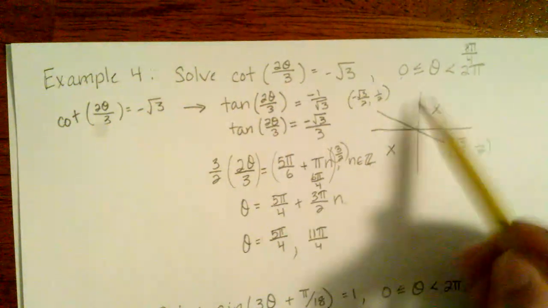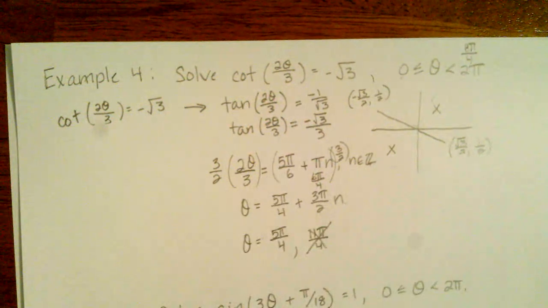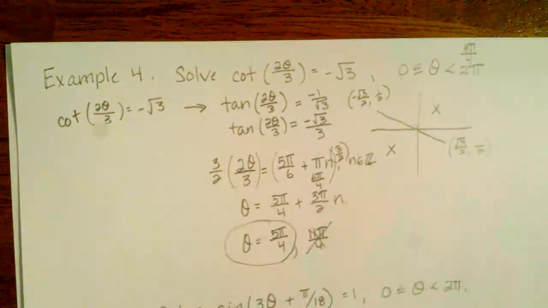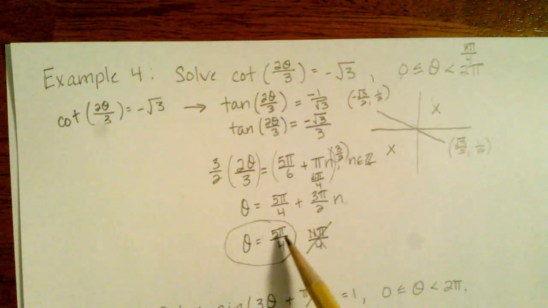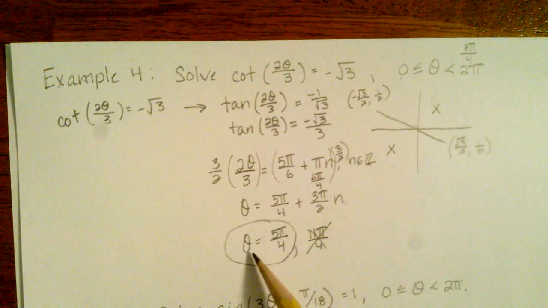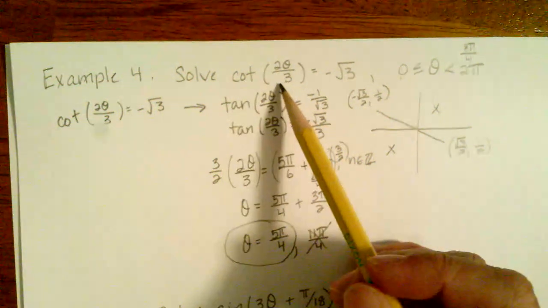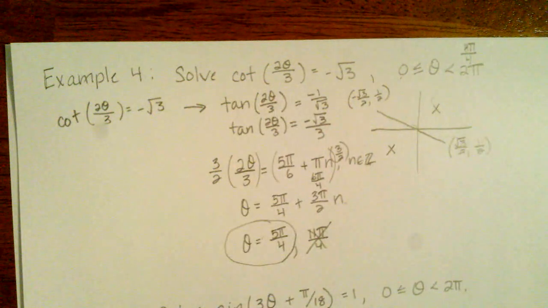Okay, but 11 pi over 4 is outside of my range. So my only answer is going to be 5 pi over 4. Okay, you can also plug in this theta into your original equation. You can even do that with your calculator as long as you're in radians and confirm that that's your correct answer.